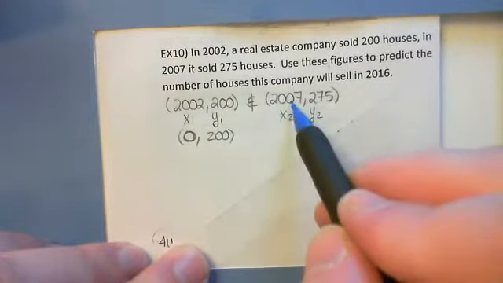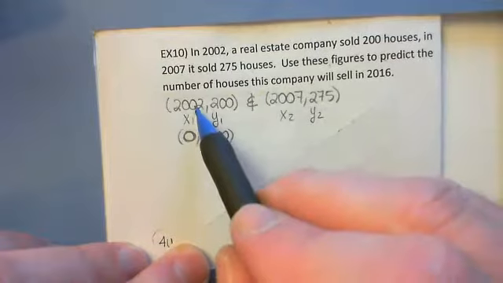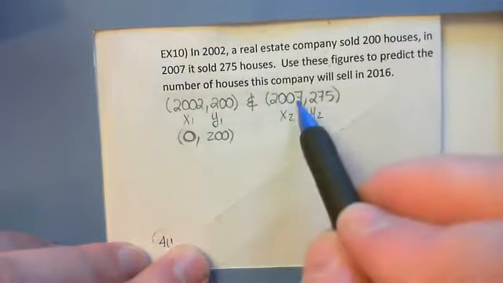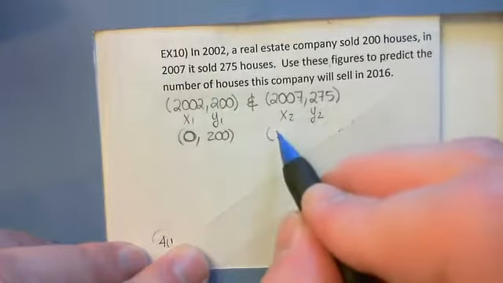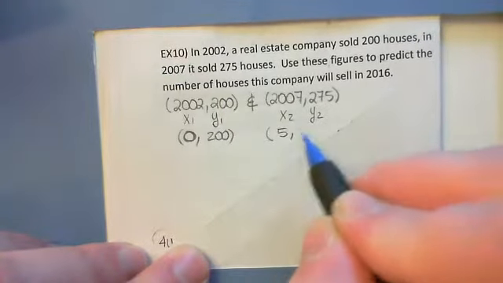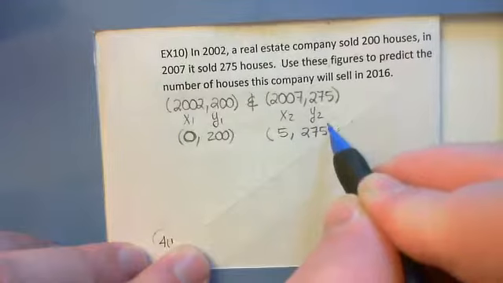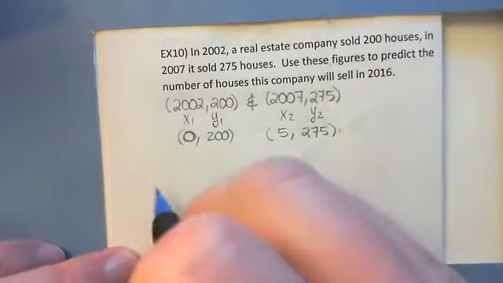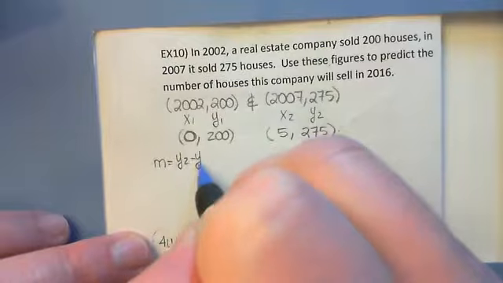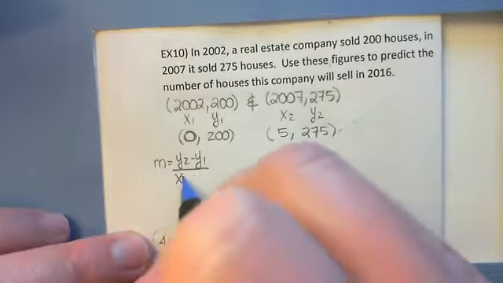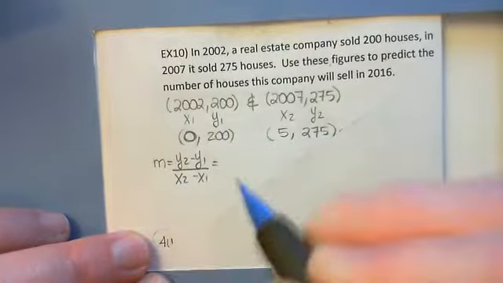And then 2007, how many years have gone by since 2002 if I'm in the year 2007? Well, 2007 minus 2002 has been 5 years. So that means my slope will be y2 minus y1 over x2 minus x1.